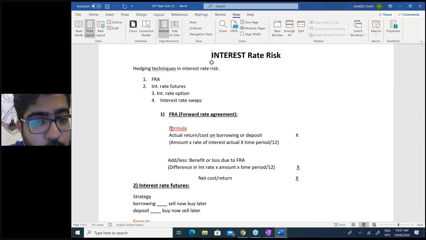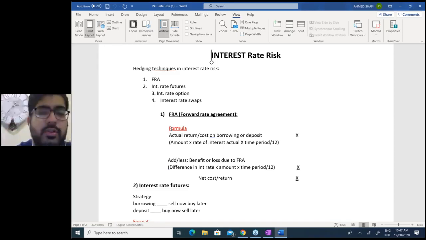I am not sure whether you will get a borrowing case or a deposit case, so the format covers both. You need to take actual return on deposit if it's a deposit case, or actual cost of borrowing if it's a borrowing case. Because if it's a borrowing case, we have to take the cost incurred, or if it's a deposit case, the return on deposit. So, cost of borrowing or return on deposit.